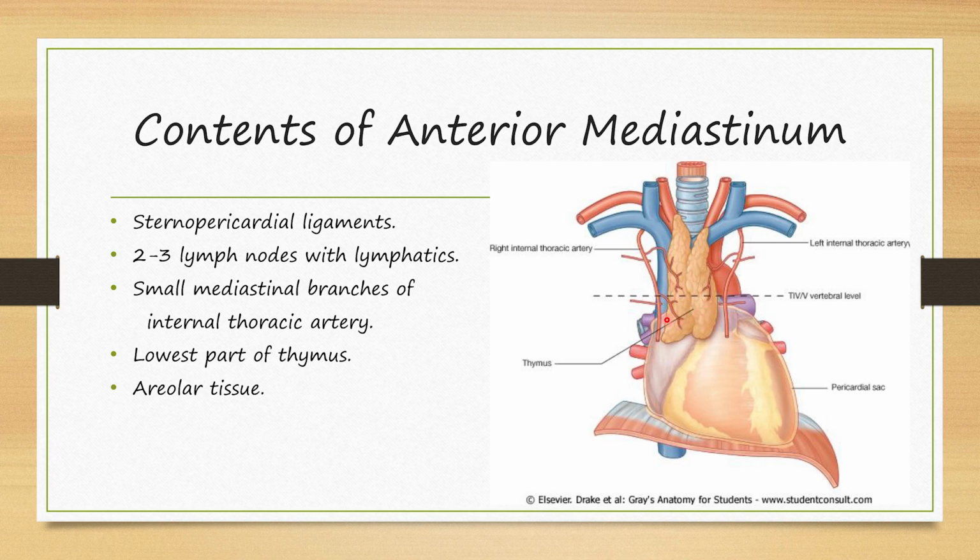The lower part of the thymus is one of the contents of the anterior mediastinum. The small mediastinal branches of internal thoracic artery: here is the thoracic artery, only the parts where the down part of it is in the anterior mediastinum.